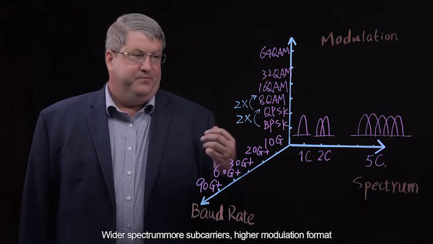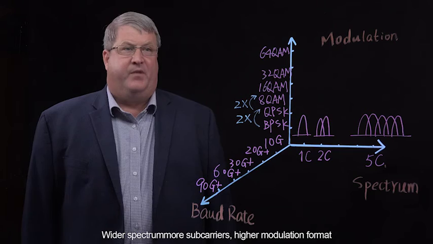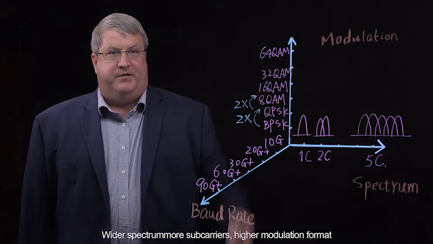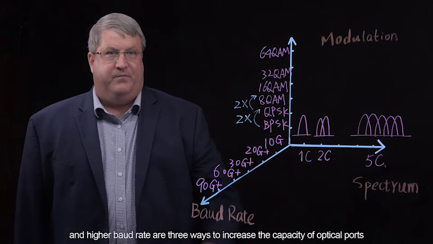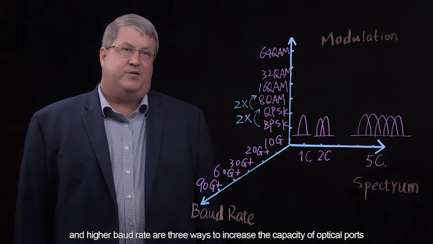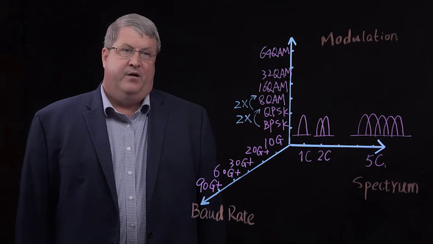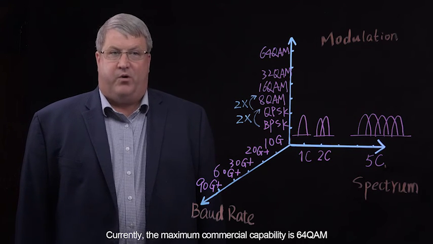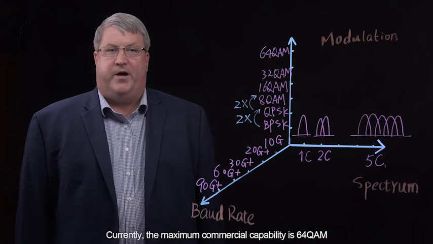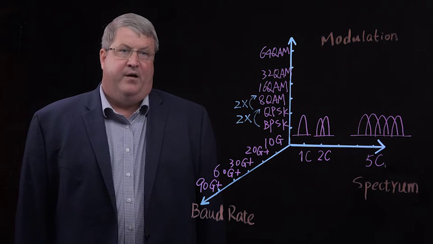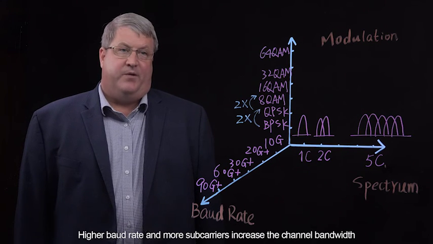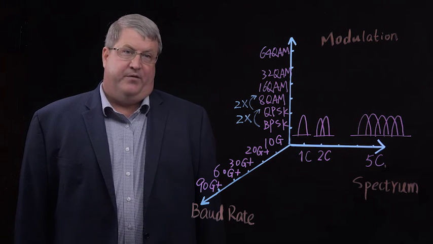Wider spectrum, more subcarriers, higher modulation format, and higher baud rate are three ways to increase the capacity of optical ports. Currently, the maximum supported modulation format is 64 QAM, but higher baud rate and more subcarriers increase the channel bandwidth.